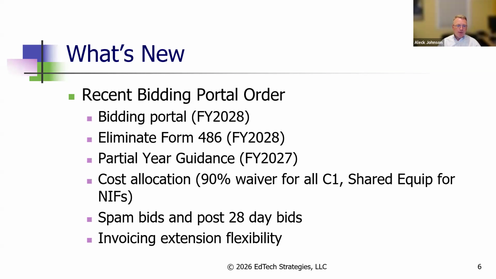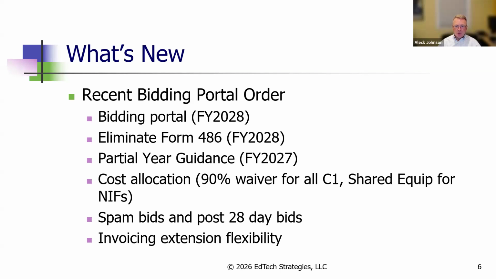The order does a number of things, however, in addition to the bidding portal. It will eliminate, starting in fund year 2028, the Form 486. So instead of using the Form 486 to certify your service start date and your compliance with the Children's Internet Protection Act and start the invoicing process, all of that is going to be moved into the Form 471.